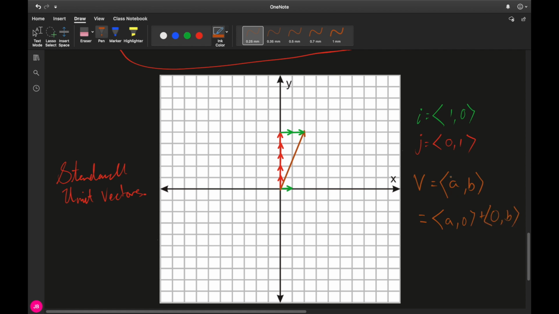You see, we're separating both the a value and the b value so that we can attribute those to i and j. We can say that this is going to be a times 1 comma 0, which that right there is i, and plus b times 0 comma 1. See, we simply factored out the a and the b, and a can be this 1 comma 0, and b will be this.